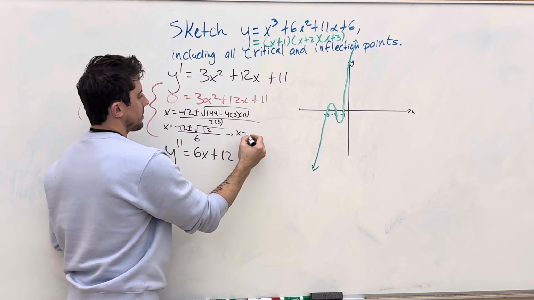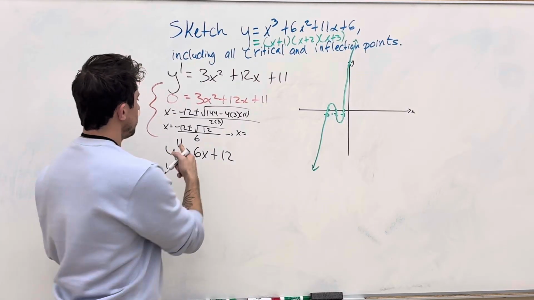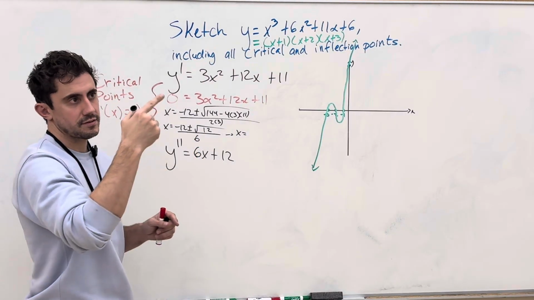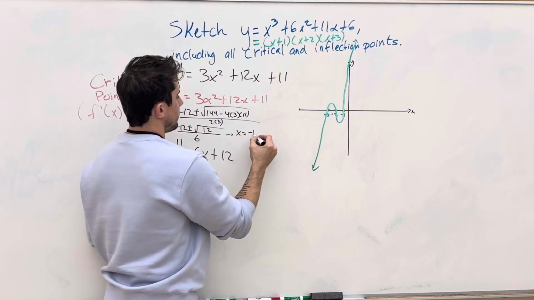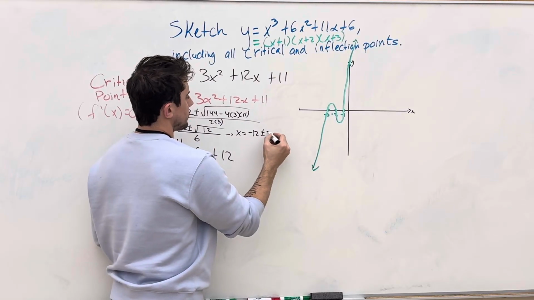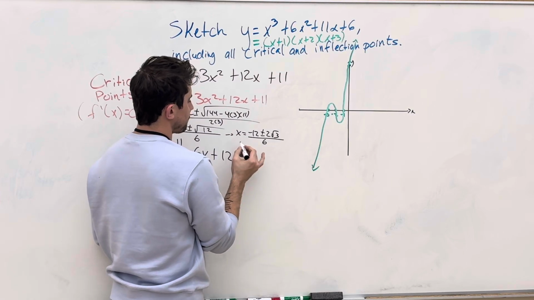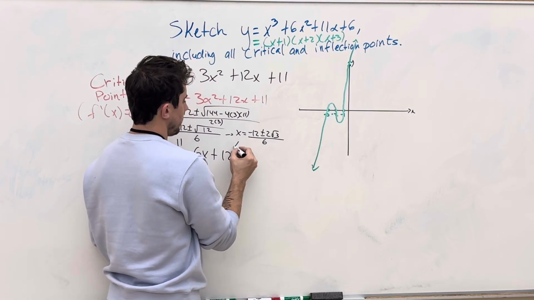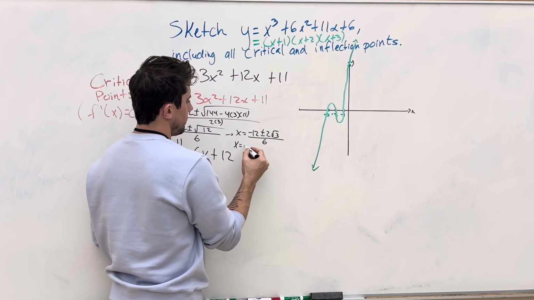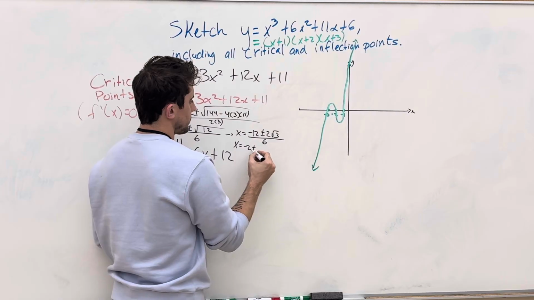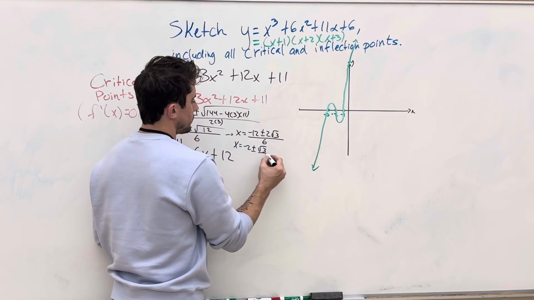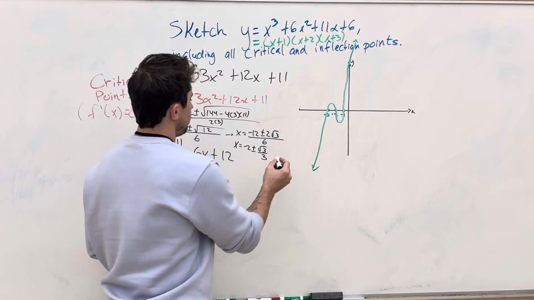And so that means that our x values are going to be, root 12 is 2 root 3, so we're going to have -12 plus or minus 2 root 3 all over 6. And that is -2 plus or minus root 3 over 3.